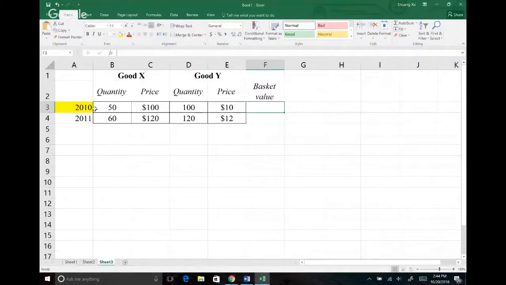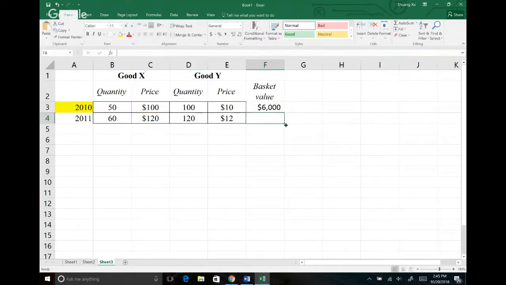Now, since 2010 is the base year, we're going to use our quantity in 2010 because this is the same quantity for every single year. So 50 times 100 plus 100 times 6,000.